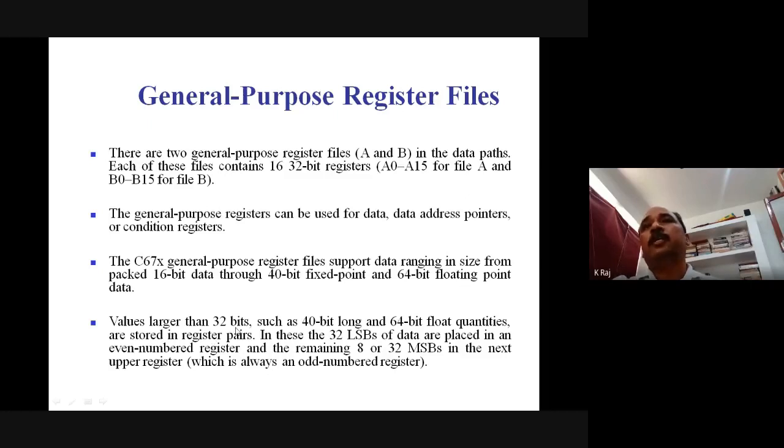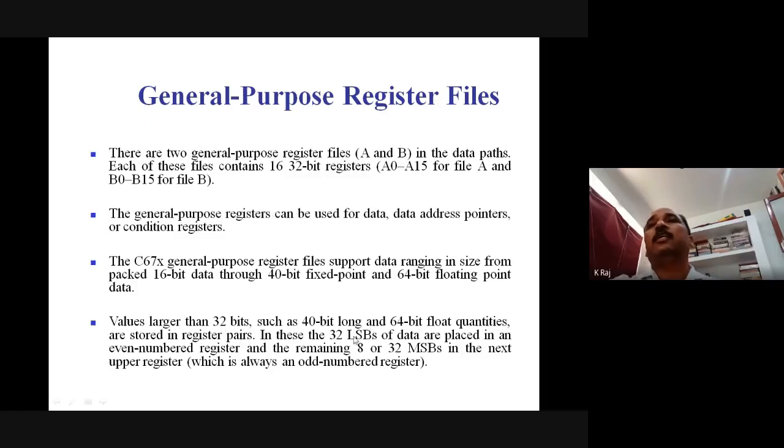Values larger than 32 bits, such as 40 bit long and 64-bit float quantities, are stored in register pairs. In place of using one register, there will be a register pair, because each has a capacity of 32 bits.